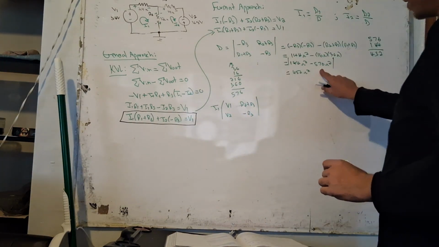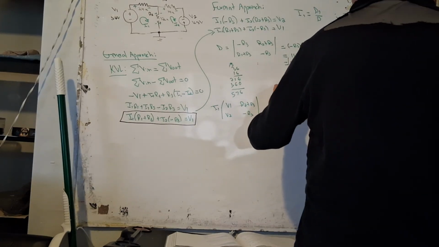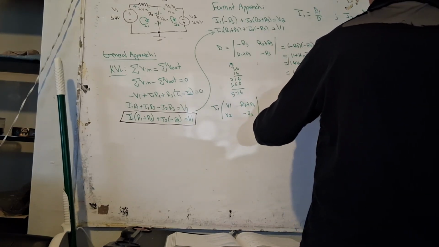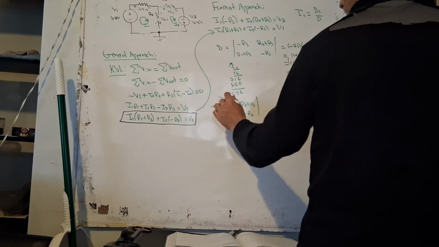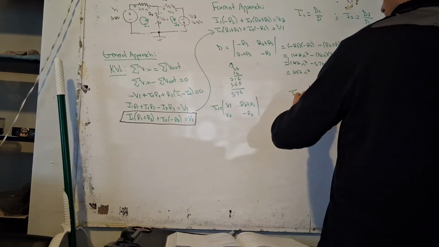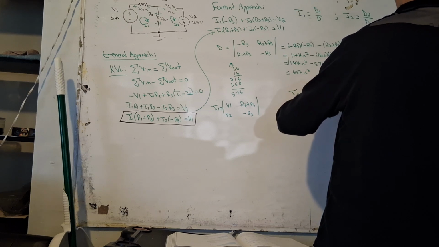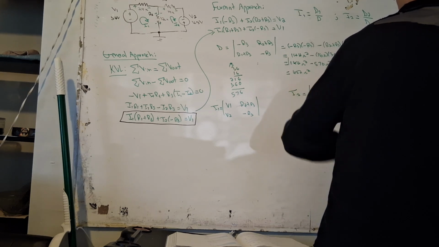Same thing up here, over here. I2 would be equal to negative R3 here, R1 plus R3 here, and then we get V1, V2 over here.